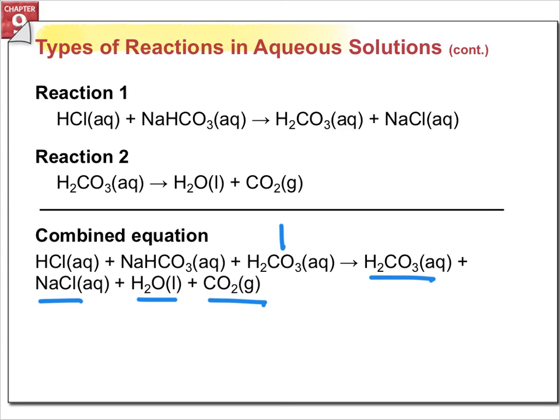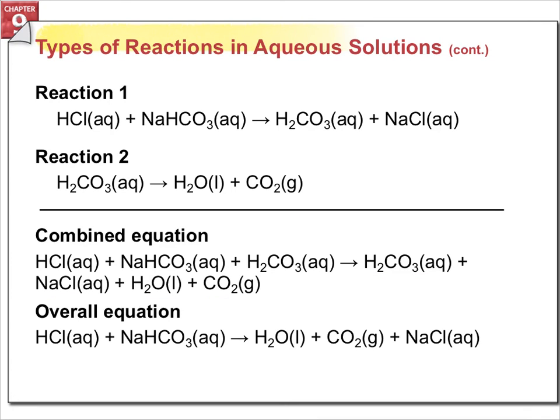And yes, the carbonic acid is both a product and a reactant because we've combined these two reactions into one. So the overall equation, when we get rid of the things that are on each side, we end up with hydrochloric acid plus baking soda, which gives you water plus carbon dioxide plus sodium chloride.